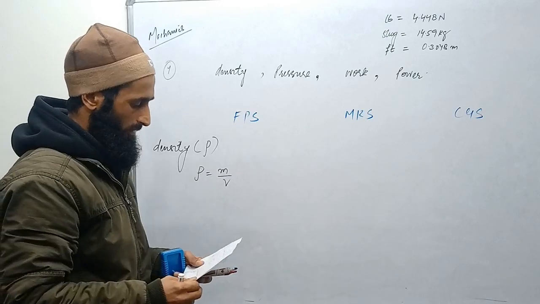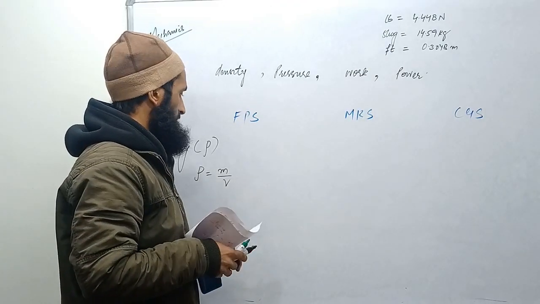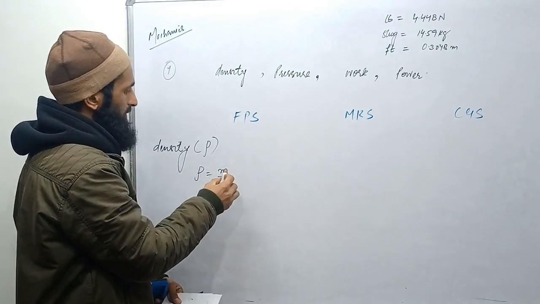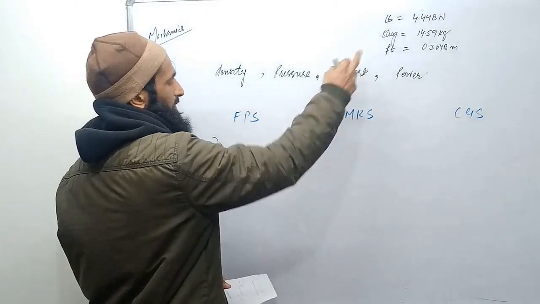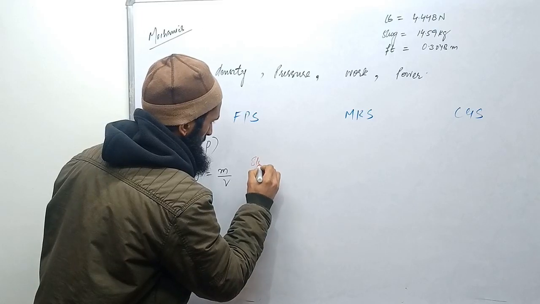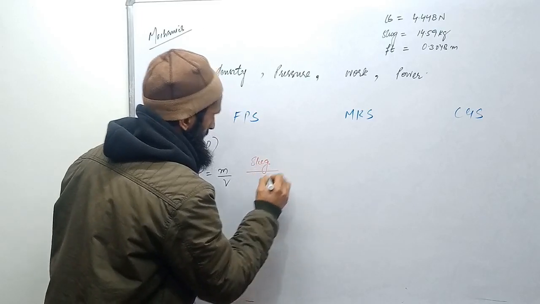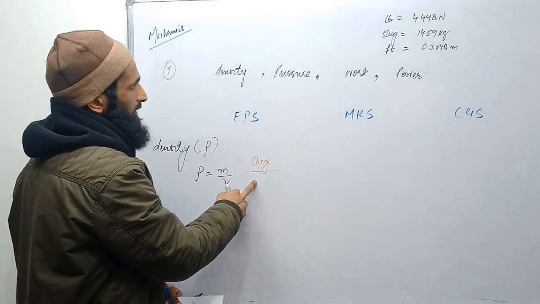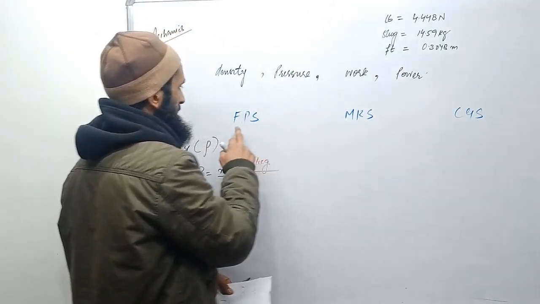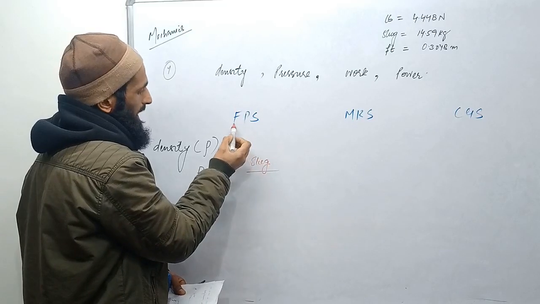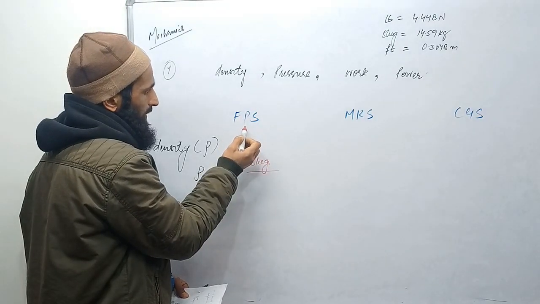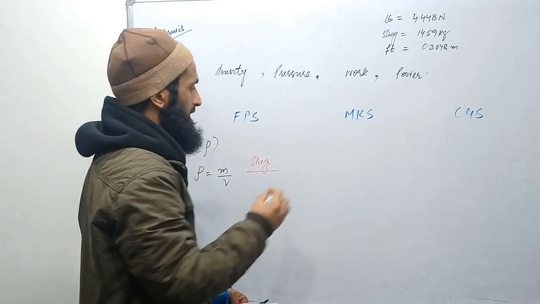So first is density. Density is mass per unit volume. In FPS system the unit of mass is slug, and volume is length cube, that will be foot cube. Here F is the unit of length, foot, P is the unit of force, pound, and S is the unit of time, second.